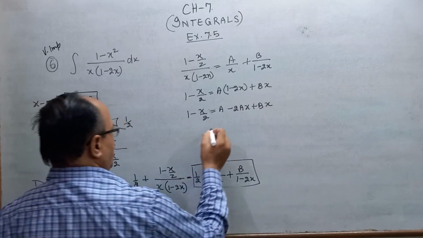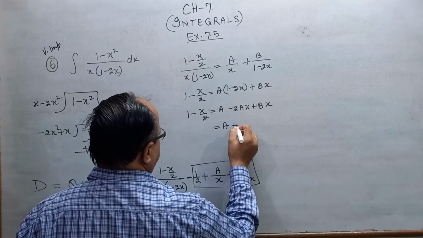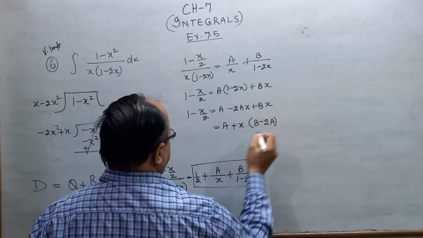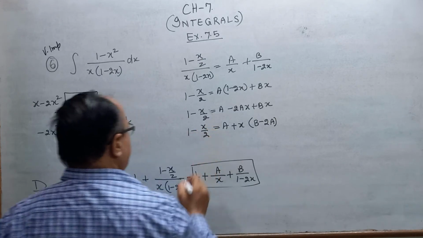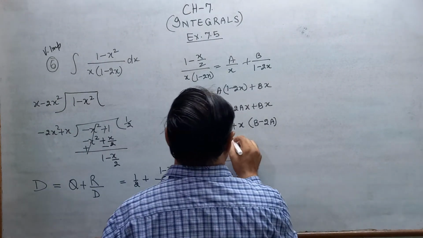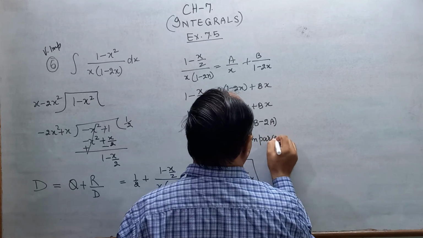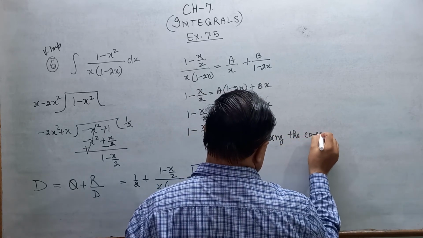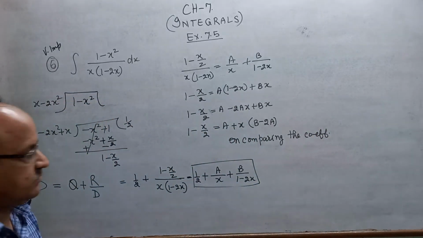Now you can write like this. Take x common from here, that is B minus 2A. On comparing the coefficients, firstly compare the constant term.